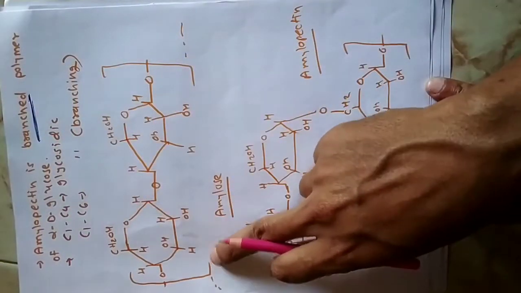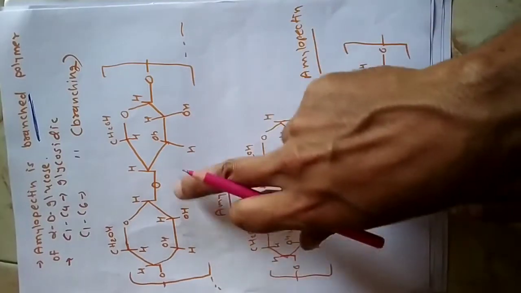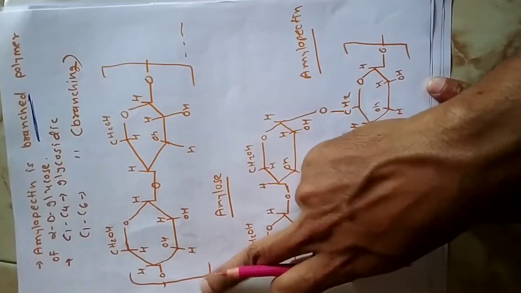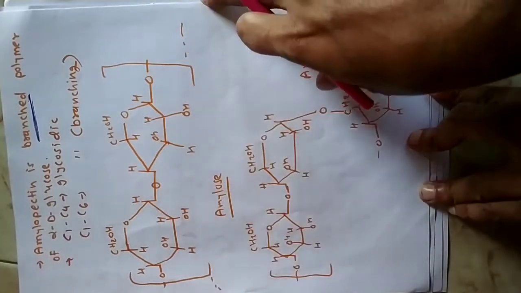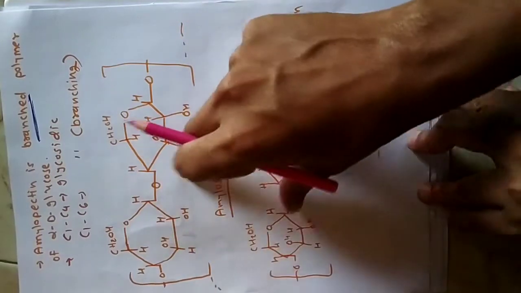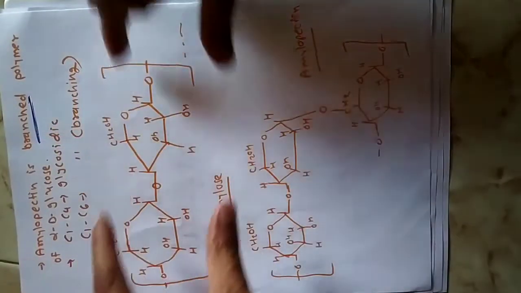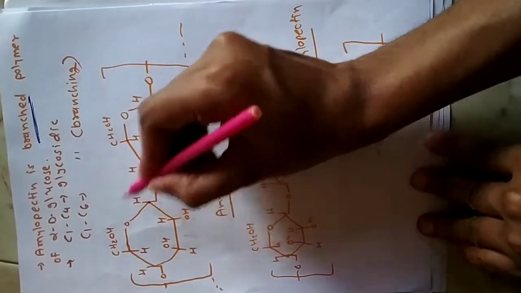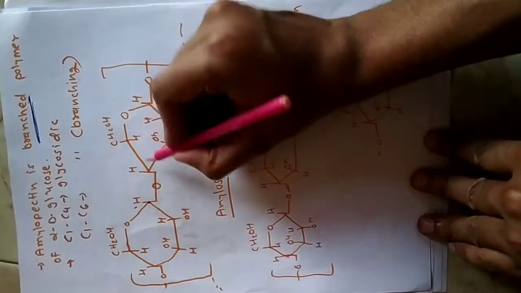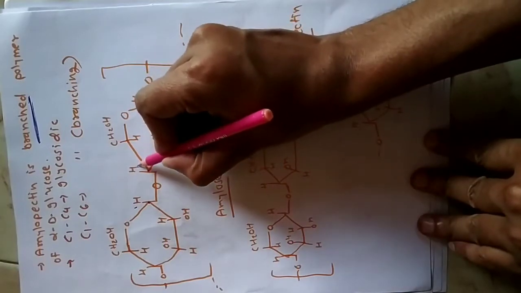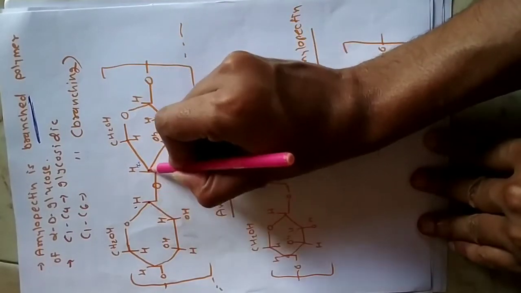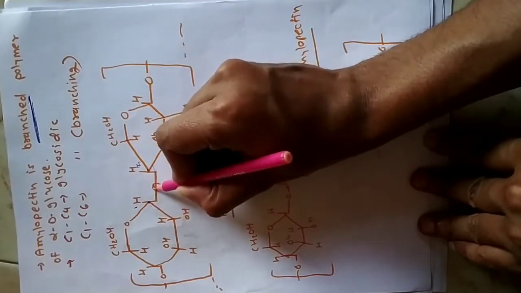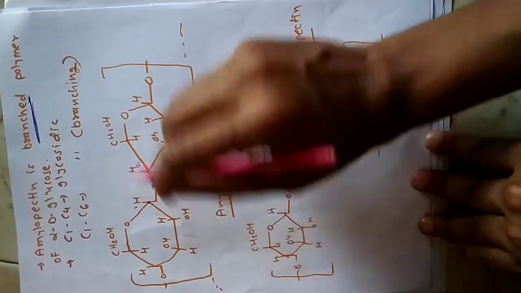You can see this one is the structure of amylose. This chain continues on both sides, so it is a linear structure. You can see this one is carbon number 1 and this one is carbon number 4. The C1 to C4 glycosidic linkage is there.